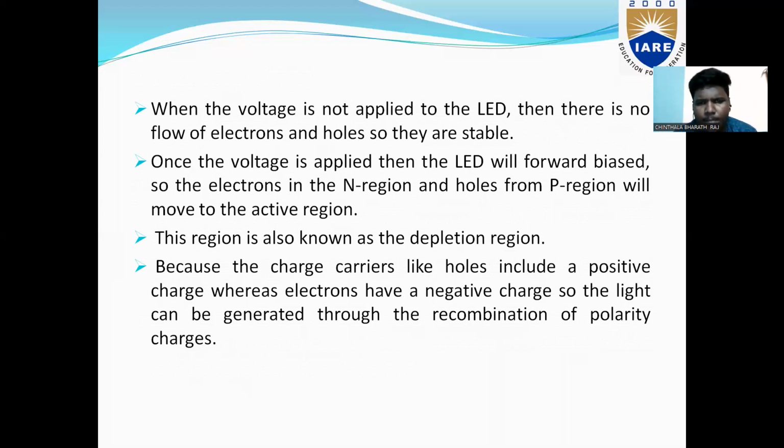So the electrons from the N region and holes from the P region move to the active region. This region is also known as the recombination region. Because the charge carriers, holes, carry positive charge whereas electrons carry negative charge, light can be generated through the recombination of the opposite charges.